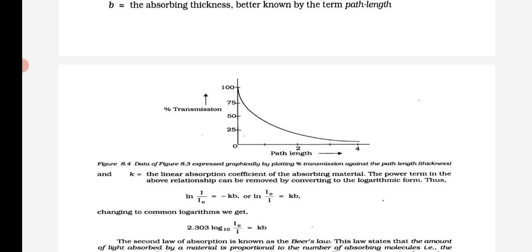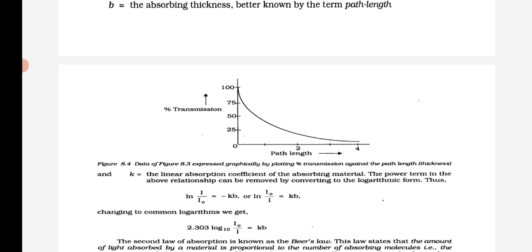So ln I by I0 equals minus kb. So here we are writing ln I0 by I, where I is the intensity of the transmitted light and I0 the intensity of the incident light.